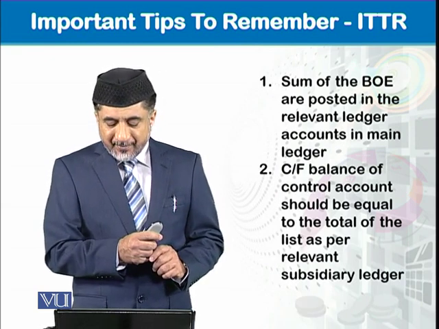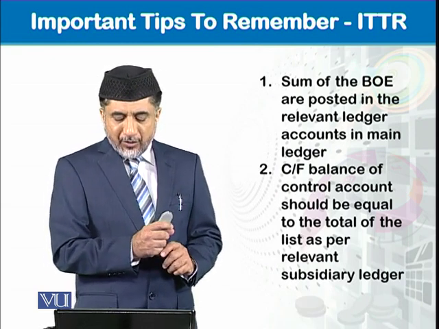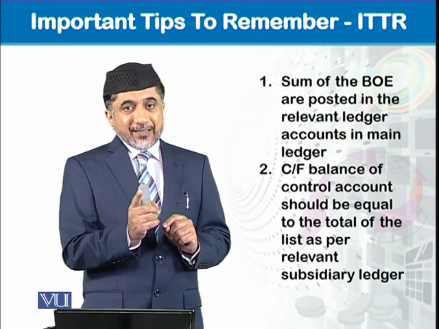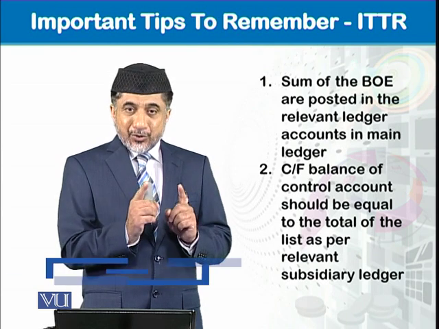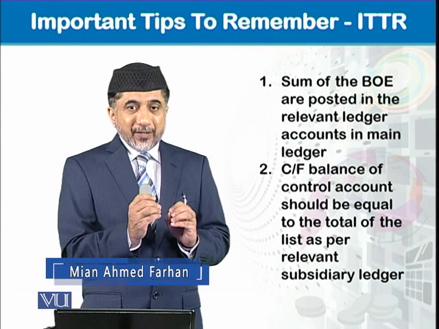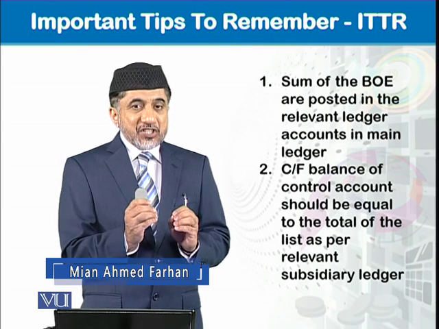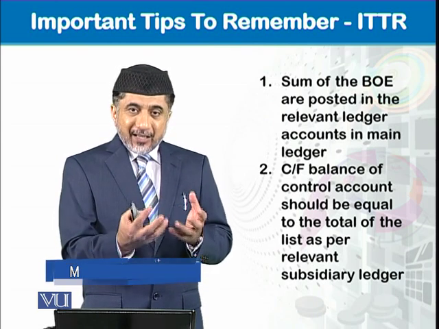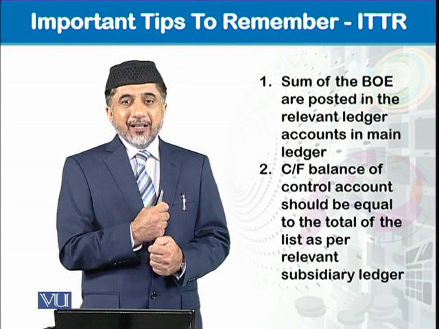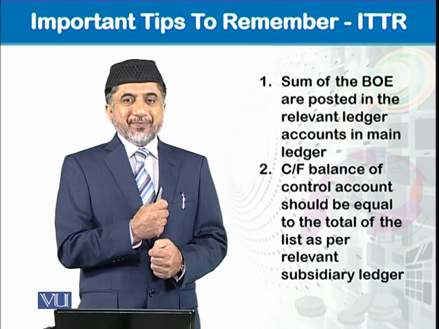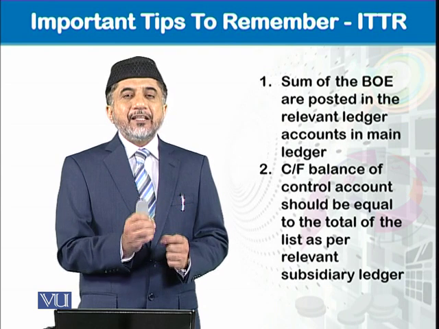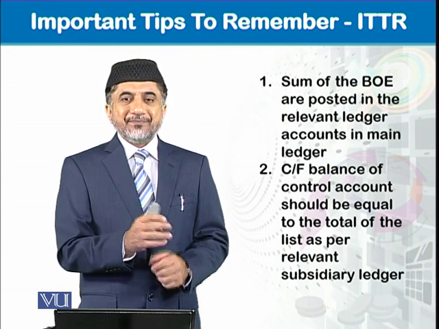Whereas carried forward balance of control account, both control accounts, the debtors control account and the creditors control account, should always be equal to the total of the lists that we ascertain from each individual subsidiary ledger. Okay, so this is what we have learned from this very important module. Thank you very much.